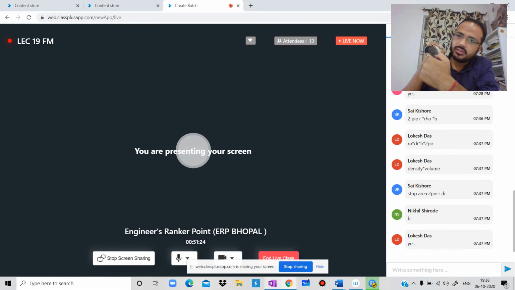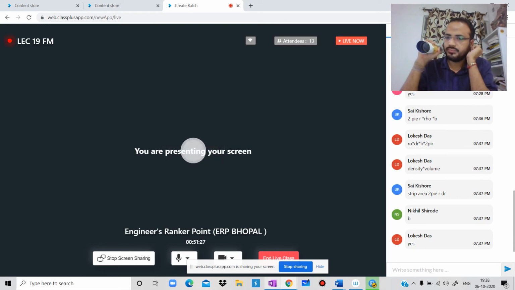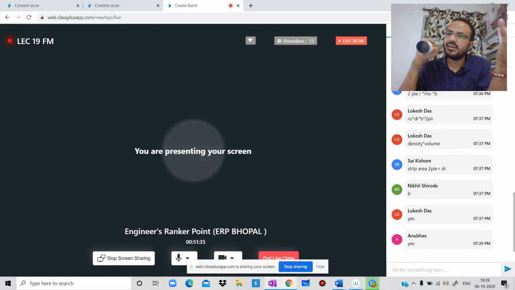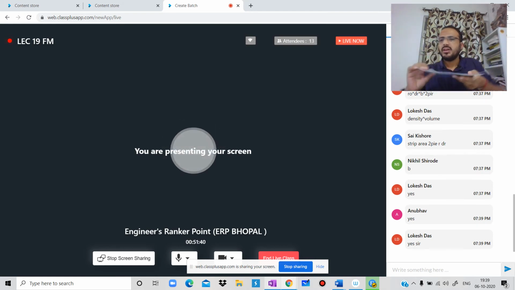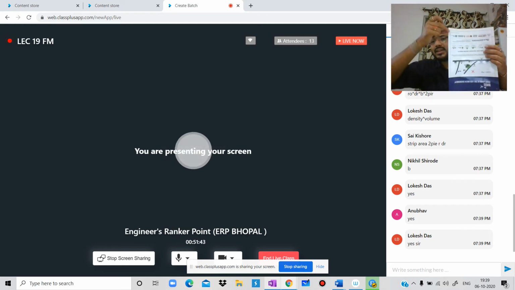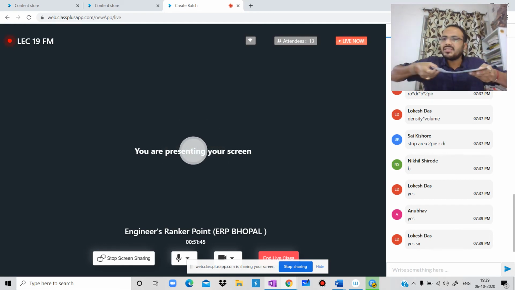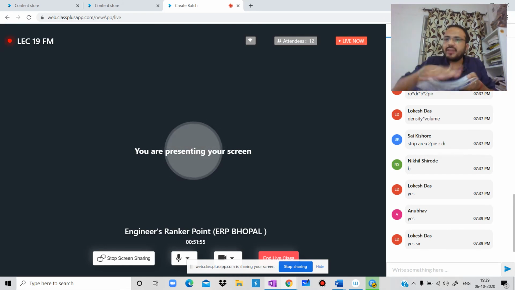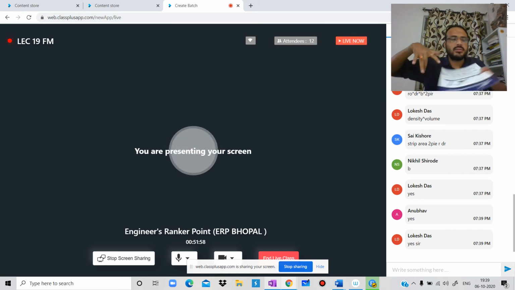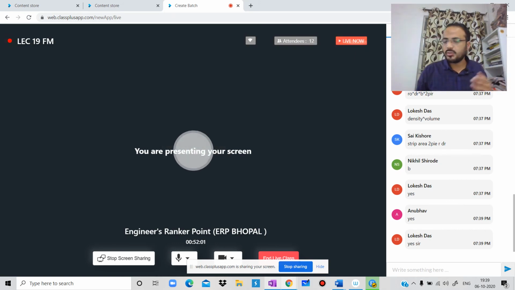This derivation is very important and students find it tough. This is 2 pi r, and when you open it, the length is 2 pi r and the breadth is b. I hope there should be no doubt to any student.